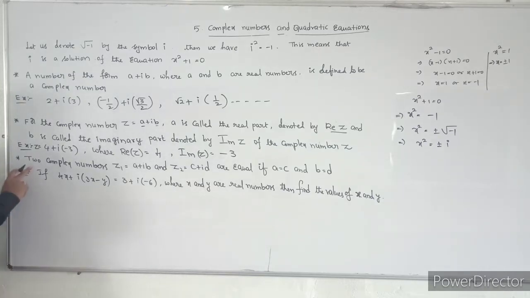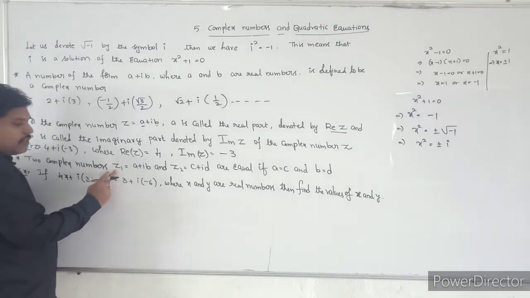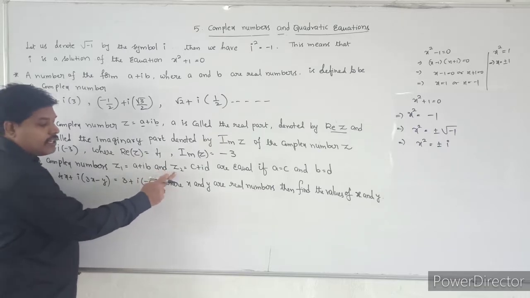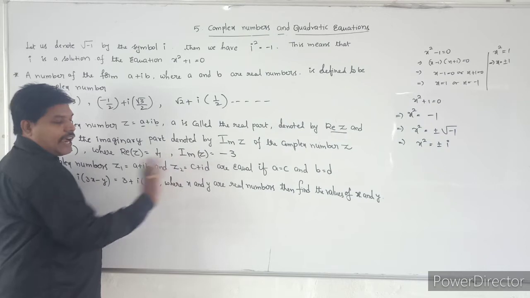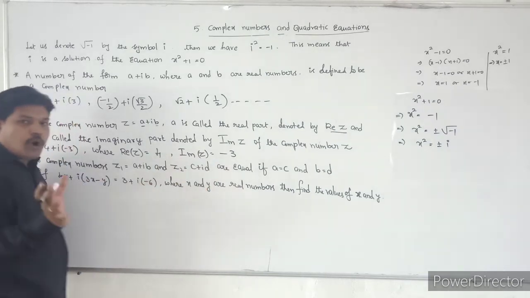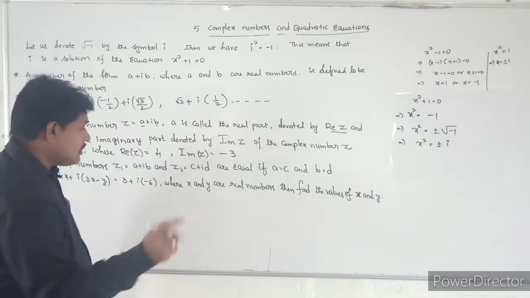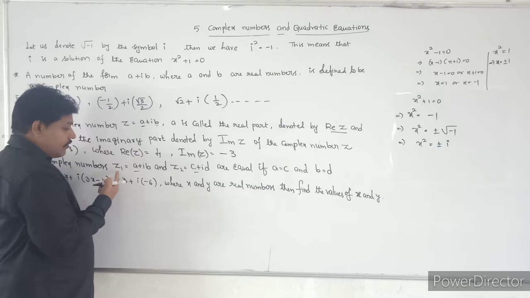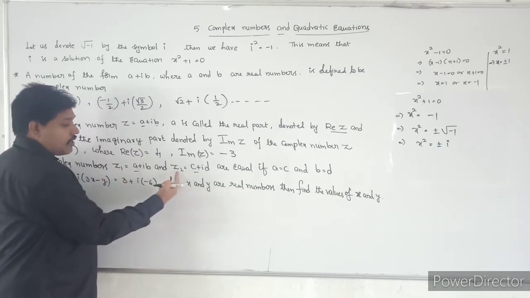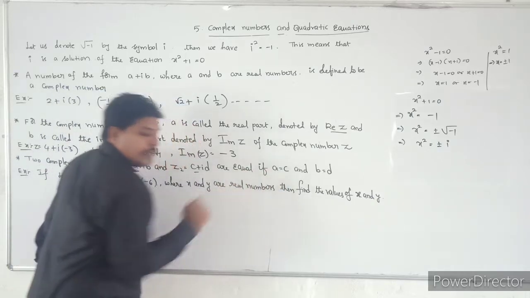Next point is two complex numbers. If you take any two complex numbers, the first complex number z1 is equal to a plus ib, and I am taking one more complex number z2 is equal to c plus id. Two complex numbers are said to be equal if the real part of the first is a and the real part of the second is c, and these two are equal, that is a is equal to c.